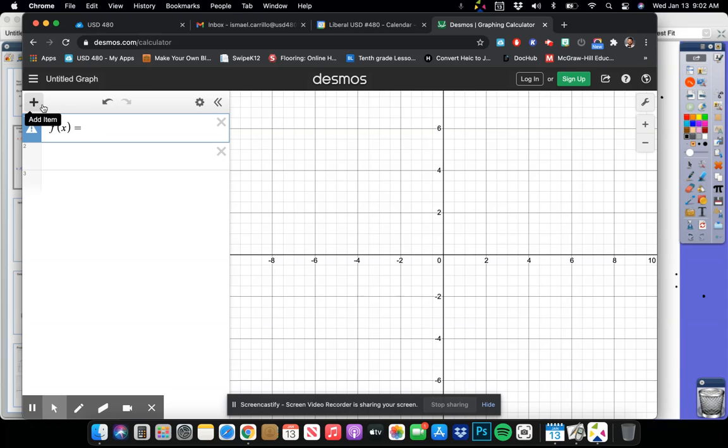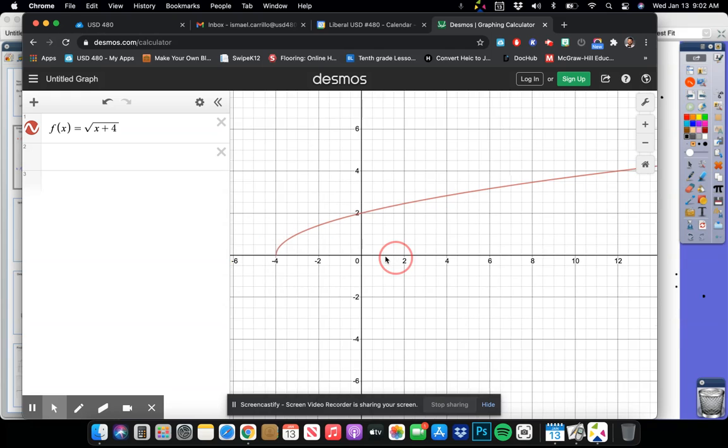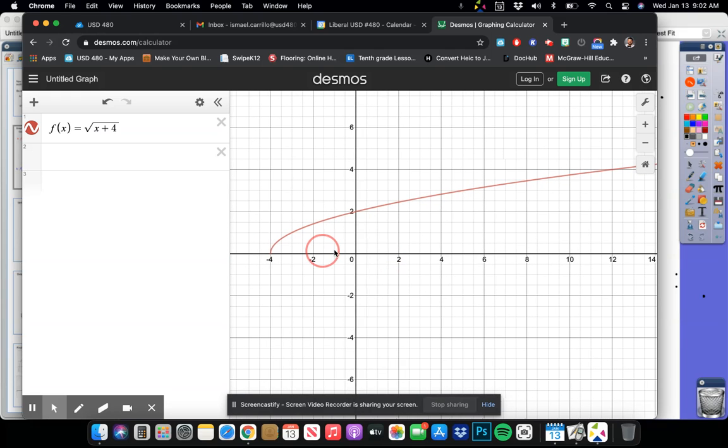You type in SQRT and put it in there, x plus 4. There you go. So x plus 4, as you see on here, same thing.